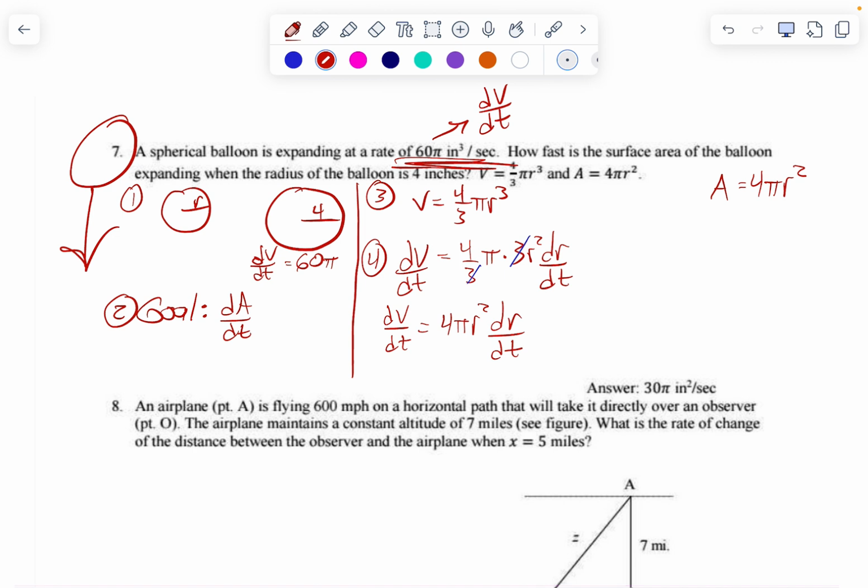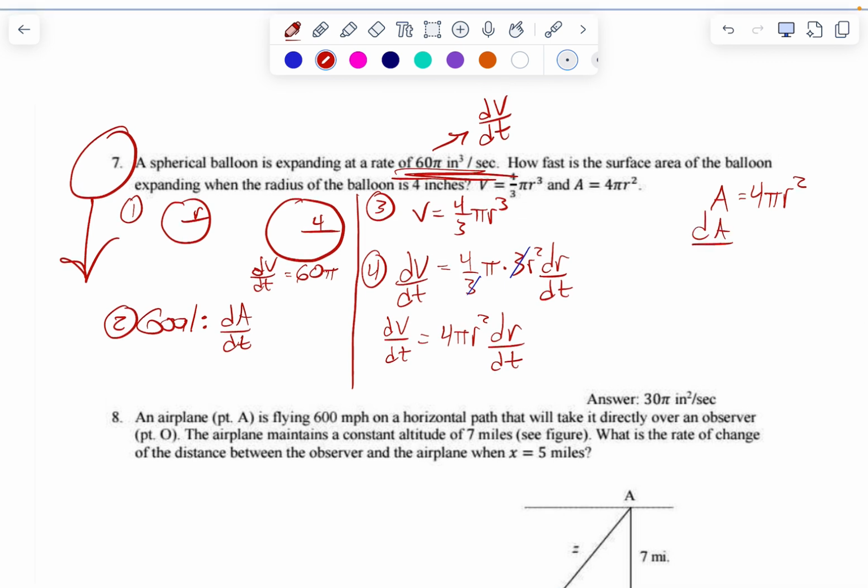That's kind of a nice way of saying critically think. While you're thinking of that, or maybe some of you already know, let's take the derivative of this one, because dA/dt, that's what we're solving for. And 8 pi r dr/dt for that derivative, or to make that a differential.